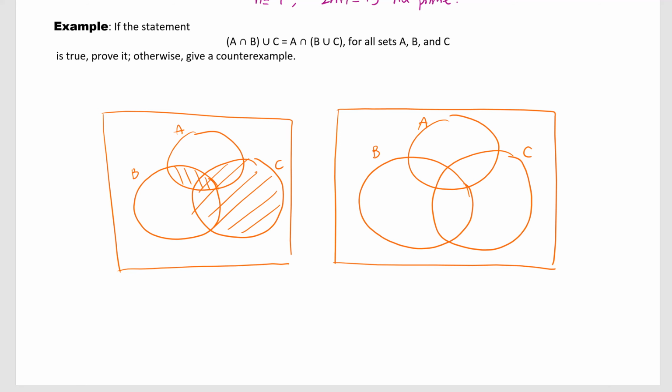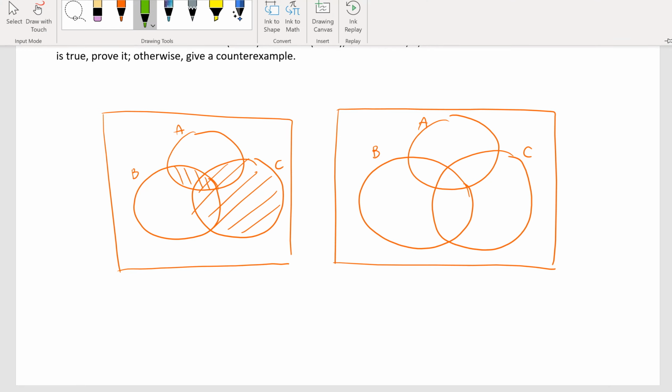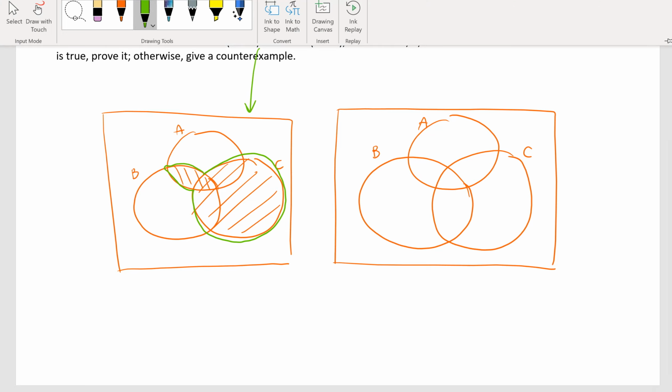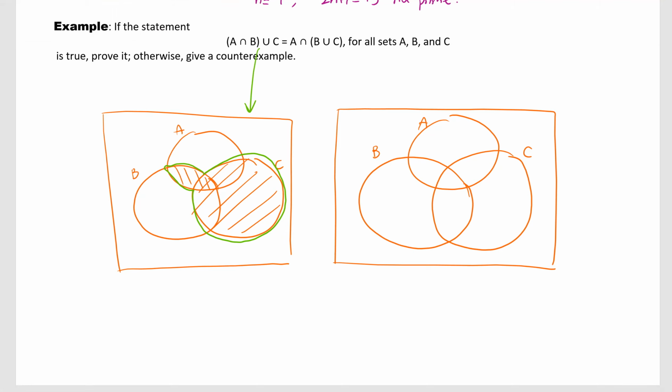Union means this whole region. This is the left hand side. How about the right hand side? We first have B ∪ C, which is right here, and then A intersect them.